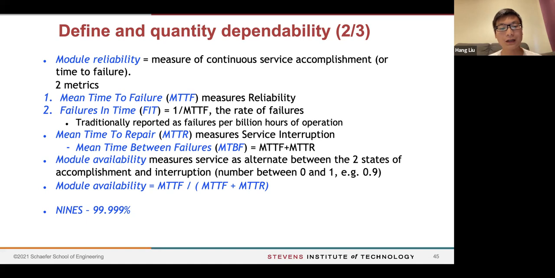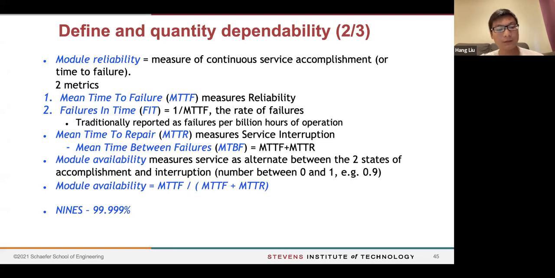Mean time between failures equals mean time to failure plus mean time to repair. Module availability is the mean time to failure over the mean time to failure plus the mean time to repair.